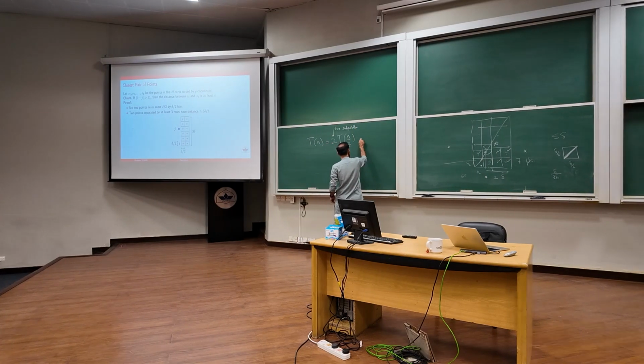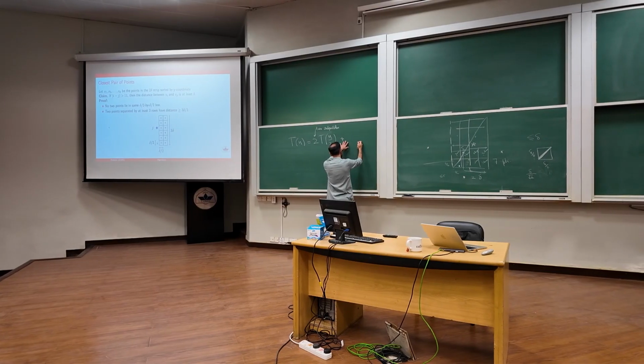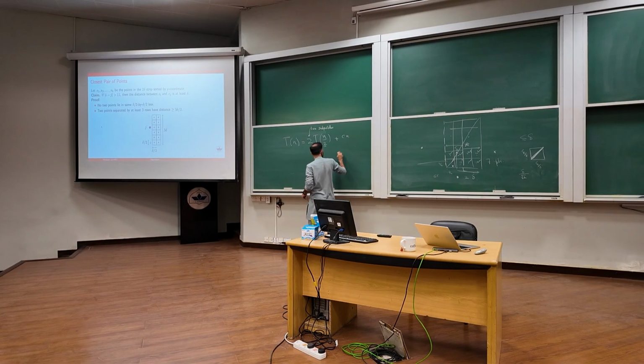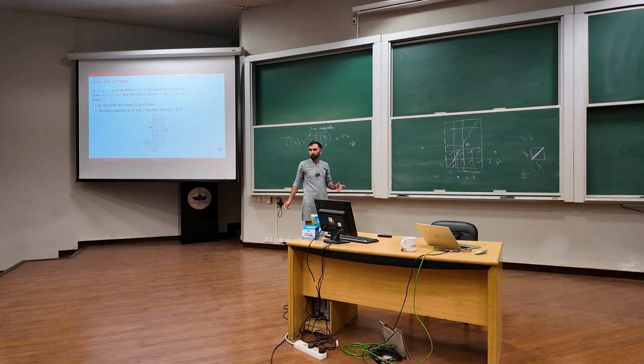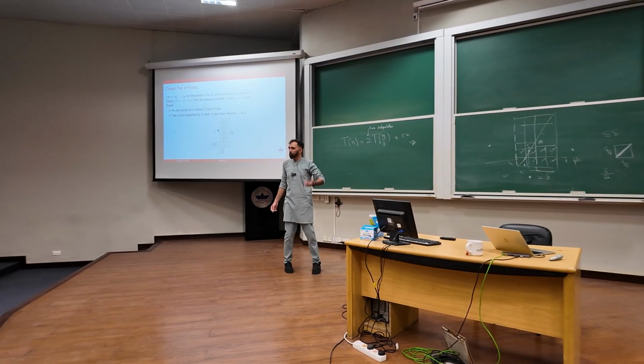Size of the subproblem is half plus. If I could get linear here, this would give me what? What is this? If I could get this, what would be my time complexity?